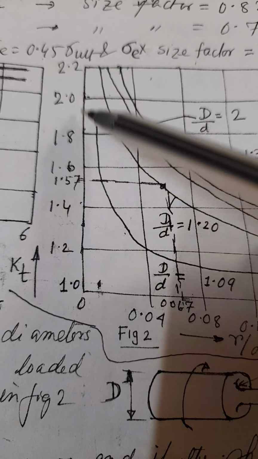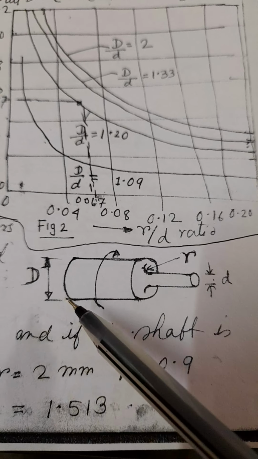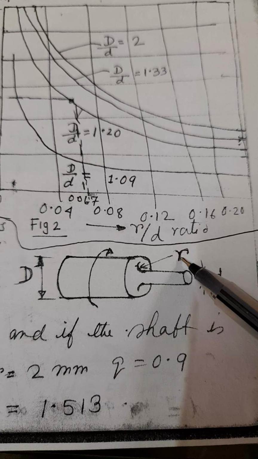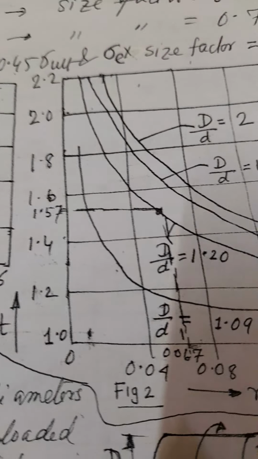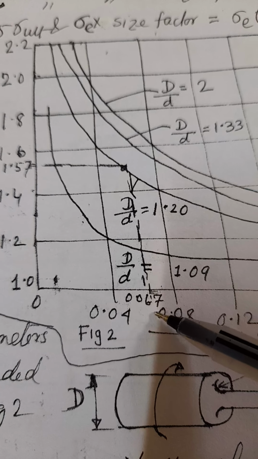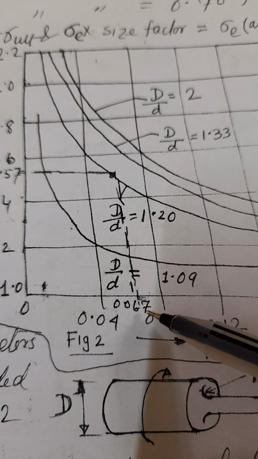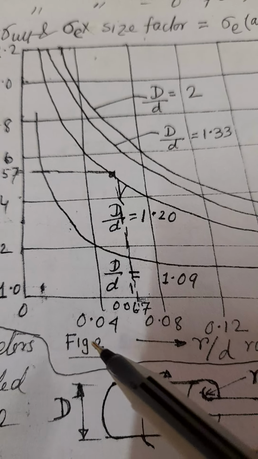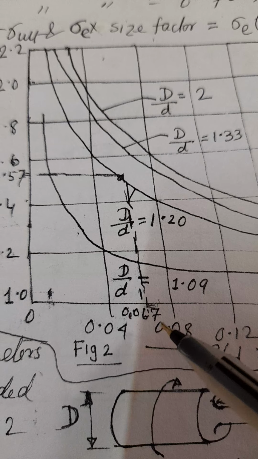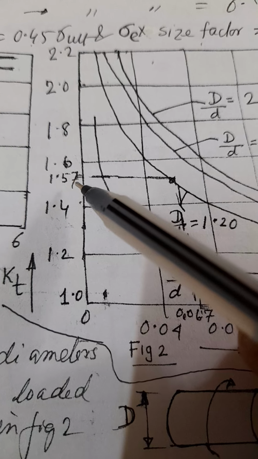There is a value. This one is the Kt value, and this is the r by d ratio. Now this is the diameter D of the shaft, and it is reduced to small d with an arc r. So this is the figure for the D by d ratio, and for D by d ratio 0.067 up to 1, Kt will be 1.57.